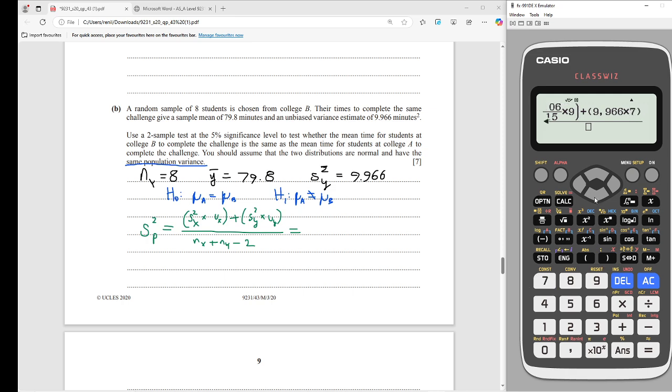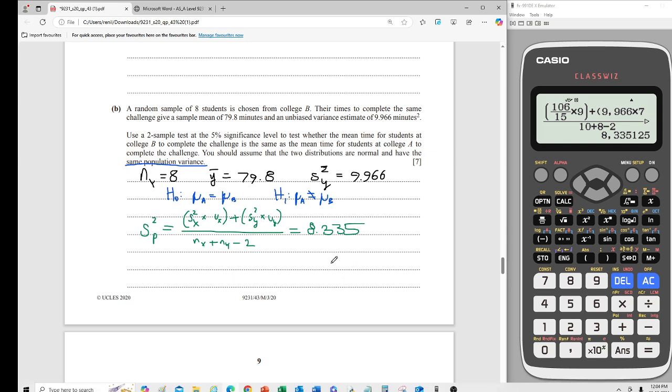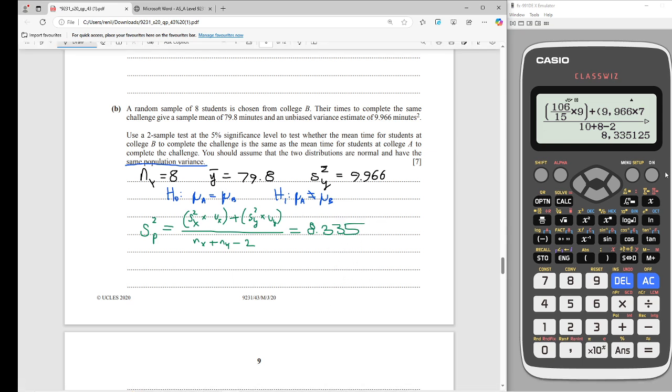Degrees of freedom means number of terms minus 1. So number of terms for X was 10, Y was 8, minus 2, and we have here 8.335. We're going to take it as exactly 8.335, because it's 4 significant figures when we compare the values.